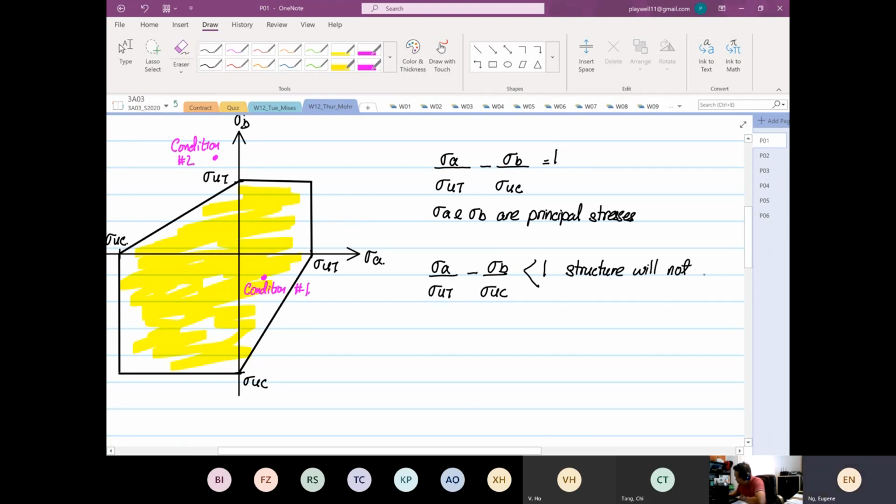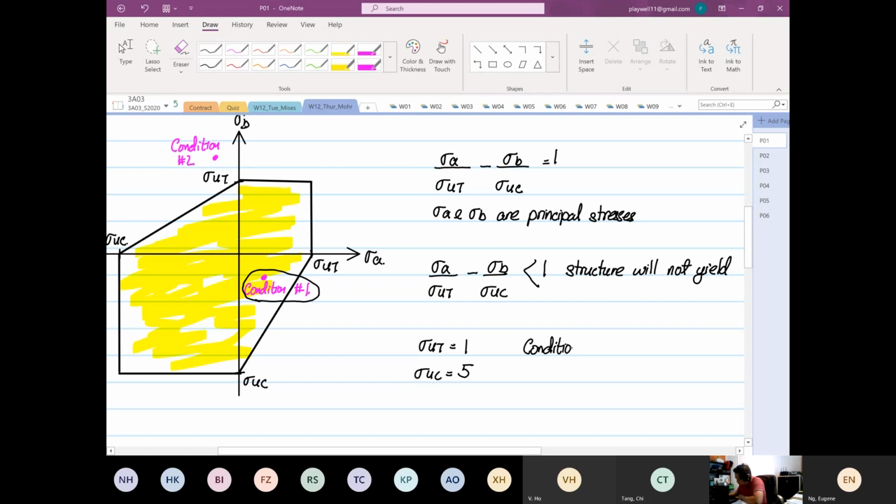Okay, so we just look at an example. If our ultimate tensile is equal to 1, and our ultimate compression is equal to 5, let's look at condition number 1. You can see down here condition number 1. I'm going to put in arbitrary numbers.